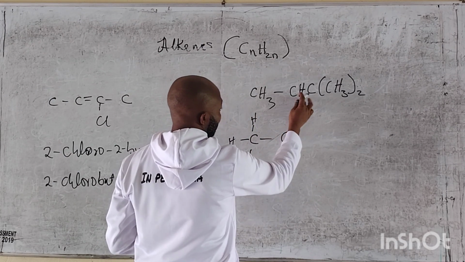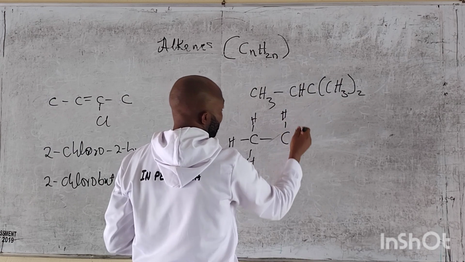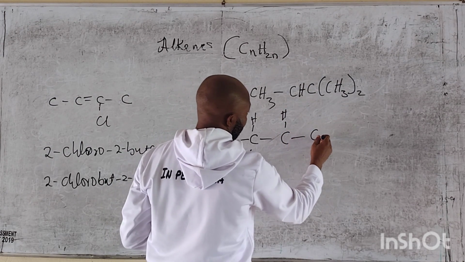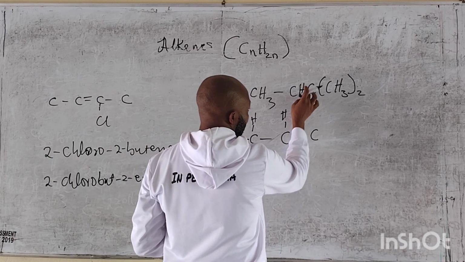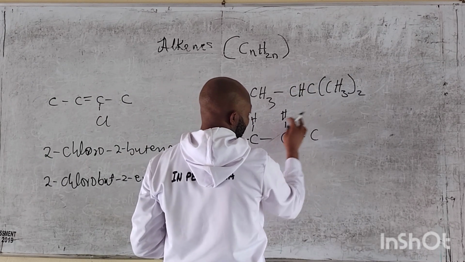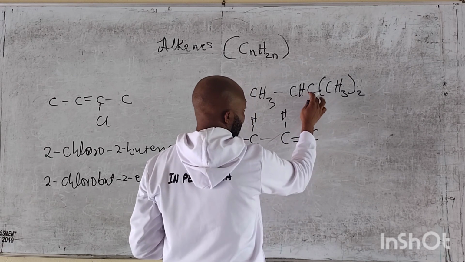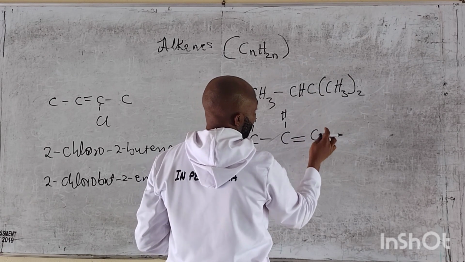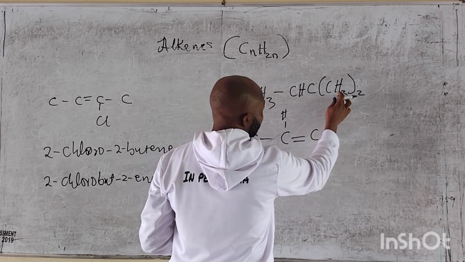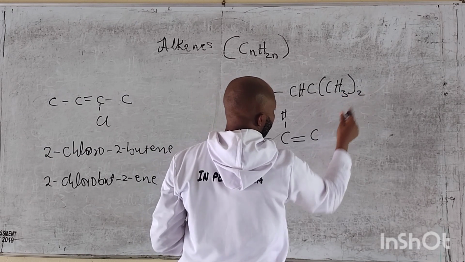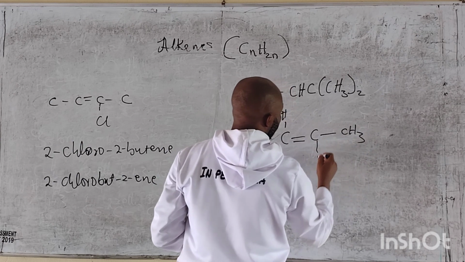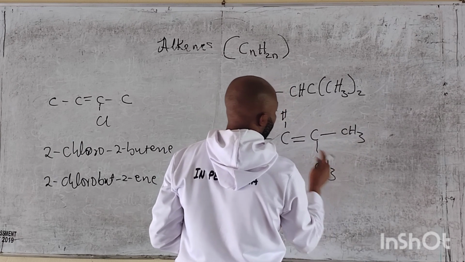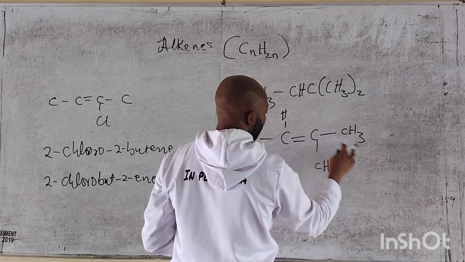Here is C with its hydrogen bonded to another C. Of course, we should know that it doesn't give us tetravalent, so there must be a double bond here. So from this carbon, we have 2 CH3, so I have CH3, CH3, 1, 2, 3, 4. So we're good.